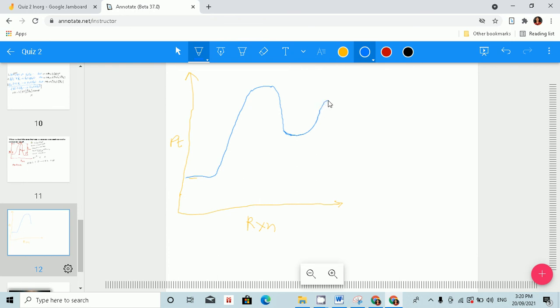And then it achieves another highest potential energy for step 2, and then it goes down. So we see that this is our starting material, our reactant, and then it transcends until it achieves its first transition state.